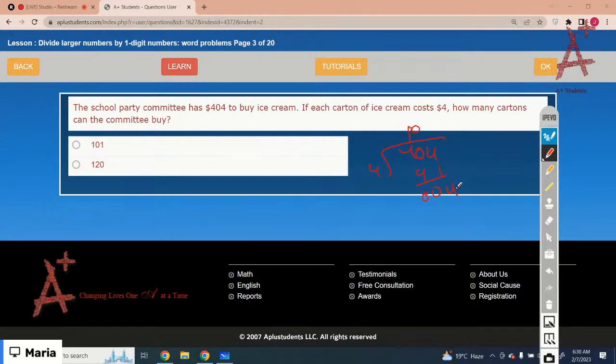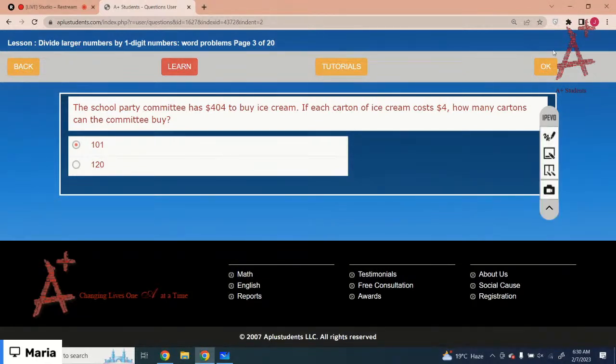Then bring the next digit down. 4 times 1 is 4. That means the committee can buy 101 cartons. Got it? So the correct option is 101. Just select the correct option, then click on the OK button.